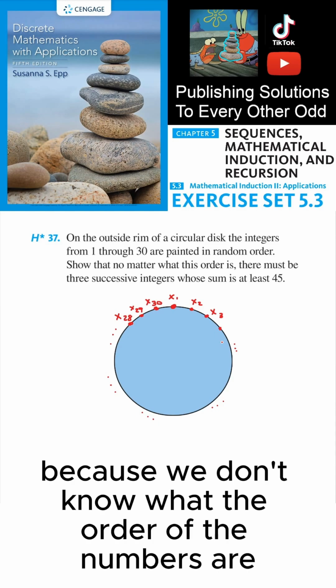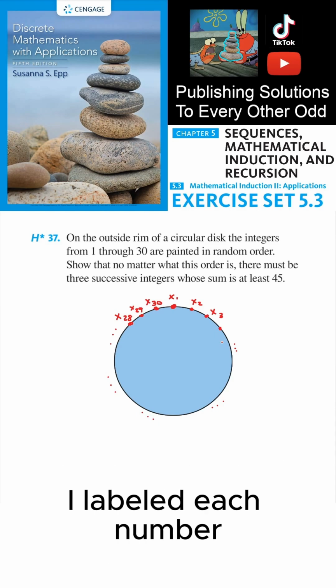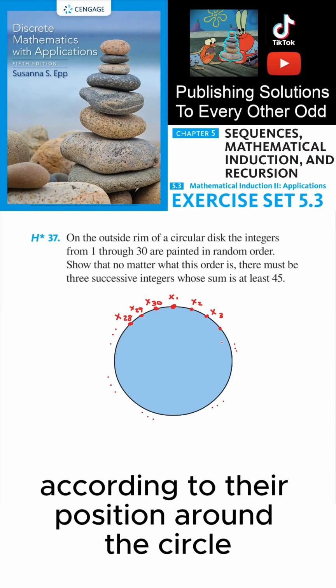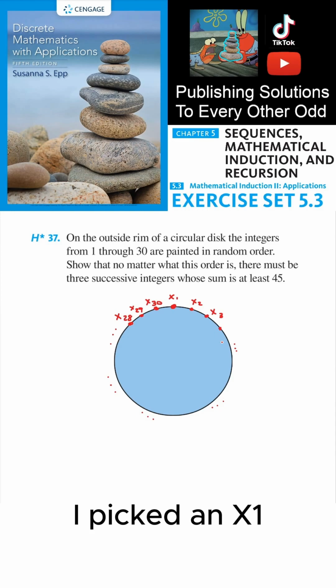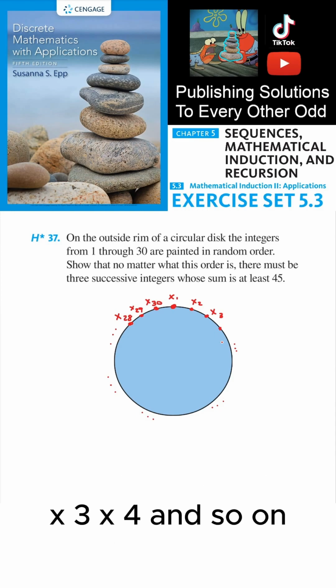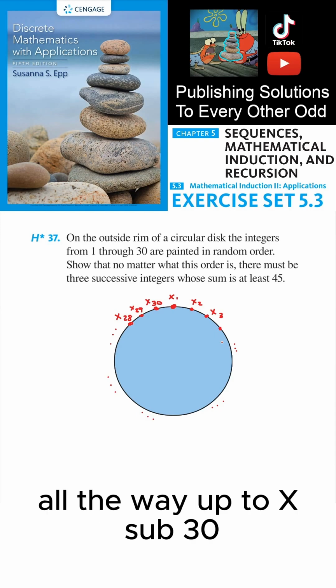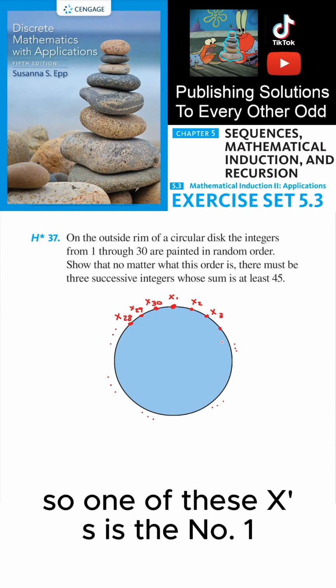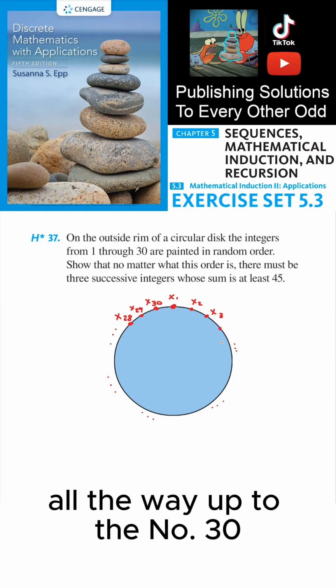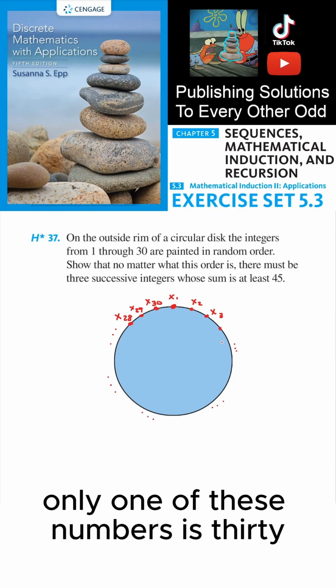Because we don't know the order, I labeled each number according to its position around the circle. I picked an x1, and then I went around labeling each number x2, x3, x4, and so on, all the way up to x sub 30. So one of these x's is the number 1, one is 2, one is 3, all the way up to the number 30. Only one of these numbers is 30.